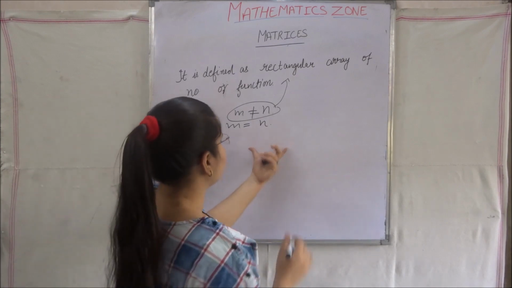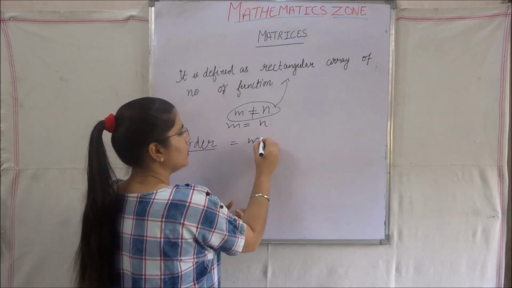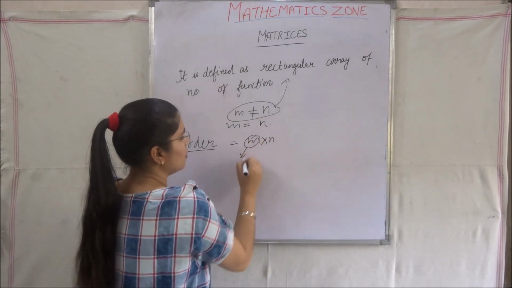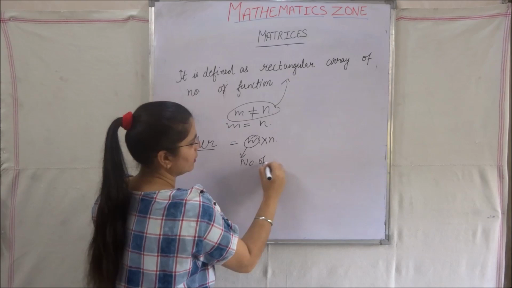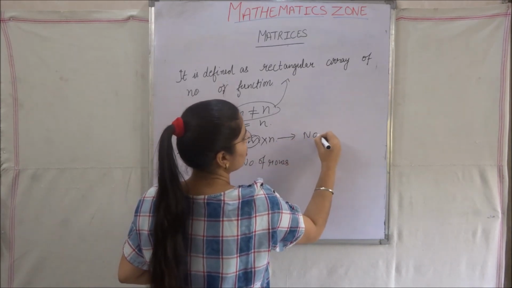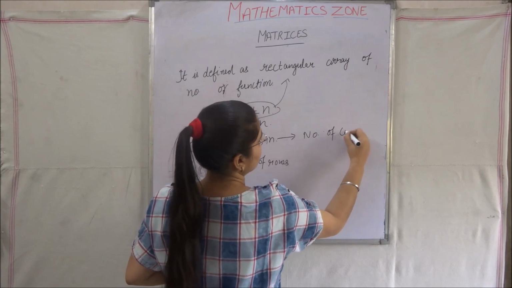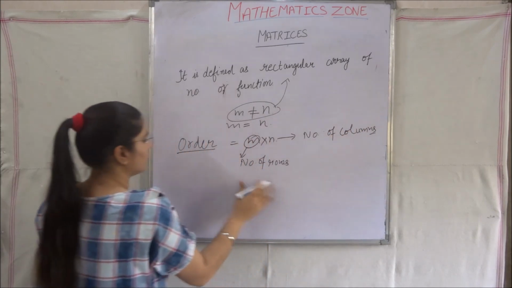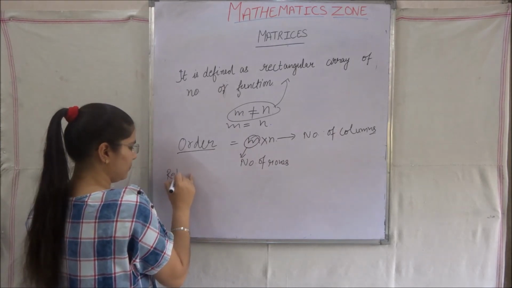Now, what is the order? Order of the matrix is m into n. Here m represents the number of rows and n represents the number of columns. Representation.